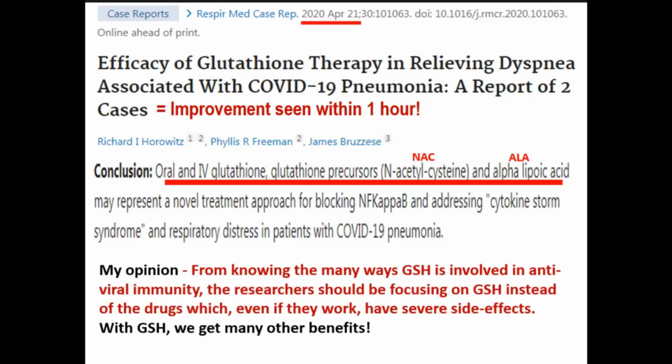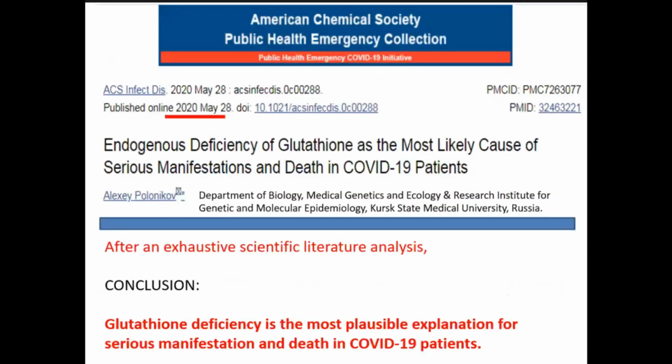It's a pity, right? Because in my opinion, from knowing the many ways glutathione is involved in antiviral immunity, the researchers should be focusing on glutathione instead of the drugs, which even if they work, have severe side effects. With glutathione, we get many other benefits instead, okay? And then after that initial small report, there were reviews done, right?